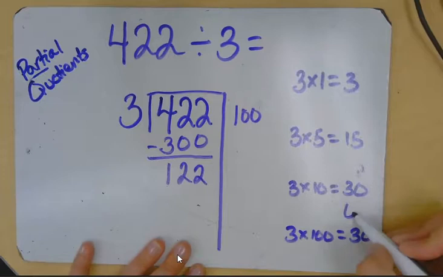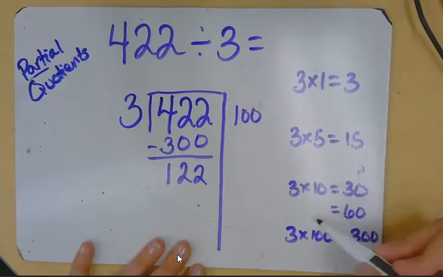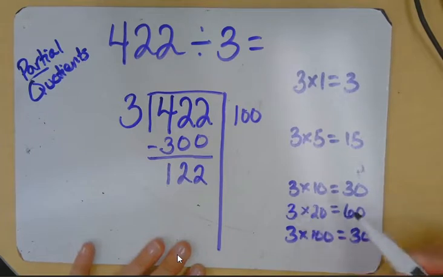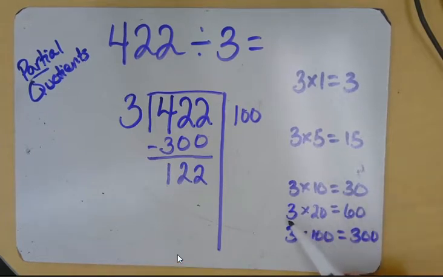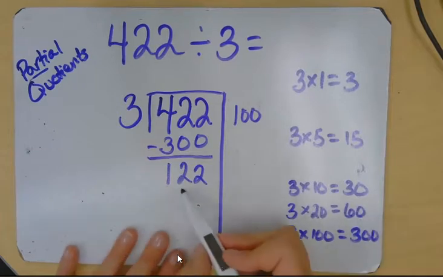If I doubled 30, that would give me 60. And to double 30, I would have to double that 10 to 20. And I'm still multiplying by 3 because that's how many people I'm sharing with. Do the basic fact, 3 times 2 is 6, and then count and add your 0. That equals 60.